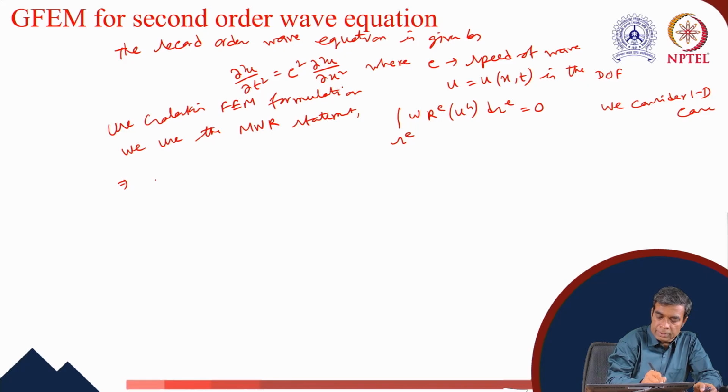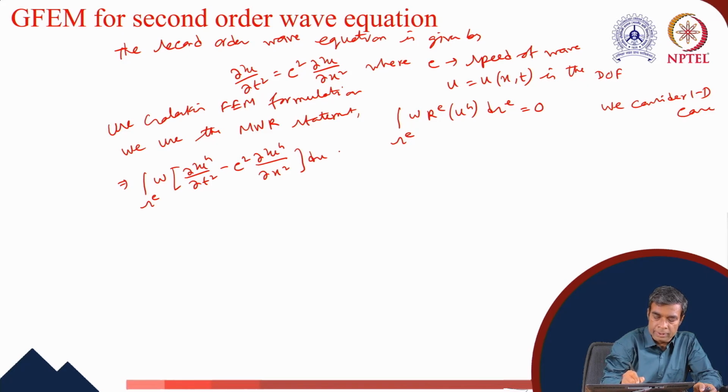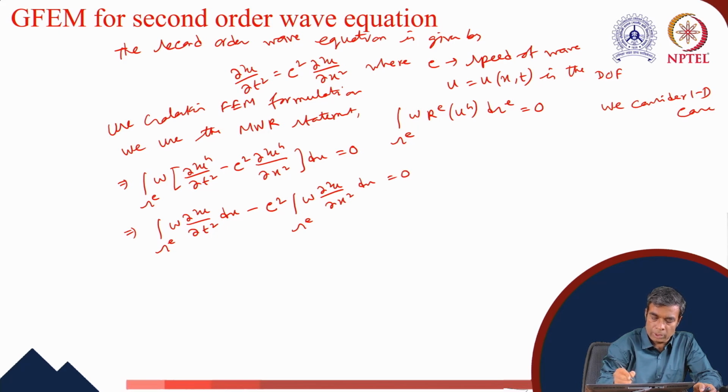This gives us integration over Ωe of w times (∂²u/∂t² minus c² ∂²u/∂x²) dx equals 0. This gives us integration over Ωe of w ∂²u/∂t² dx minus c² times integration over Ωe of w ∂²u/∂x² dx equals 0.